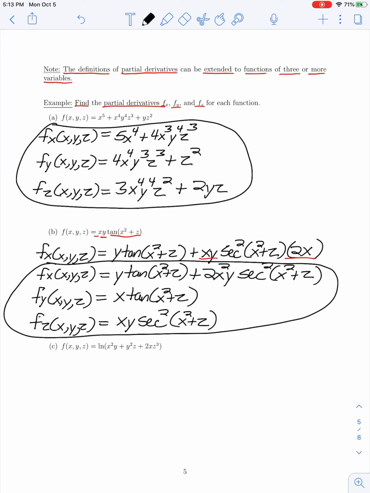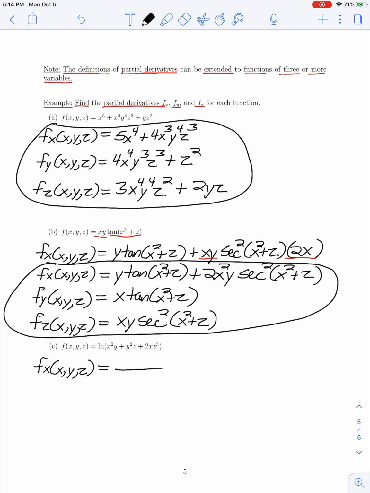And in this next example, part C, we have f of xyz is natural log of some polynomial function of 3 variables. So using the chain rule, the derivative with respect to x is given by first the derivative of the outside function.